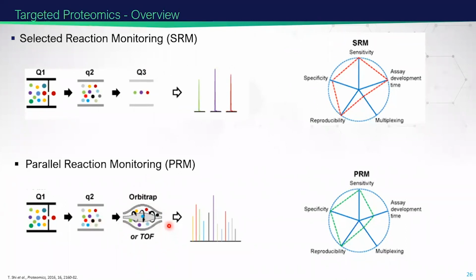And in the end, instead of using a Q3, they use the Orbitrap or TOF, so you can do a full fragmentation analysis. Then when you do the data analysis, you can select just a couple of fragments, similar to what you would use in SRM, and use just several of them for quantification.